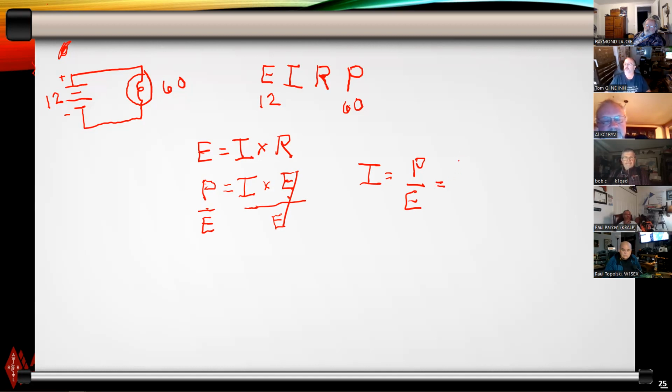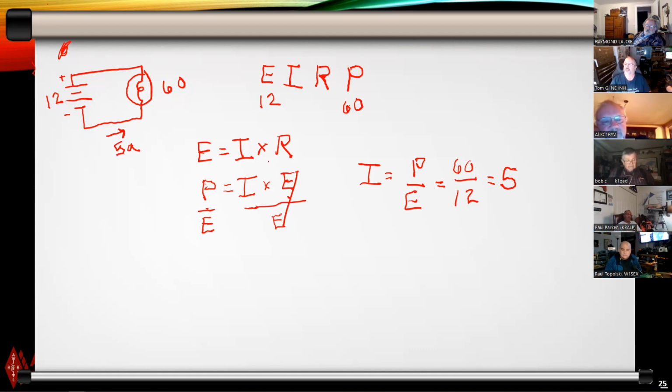What are our numbers? 60 divided by 12, which equals what? 5. So we now know there are 5 amps, current, flowing in this circuit, okay?